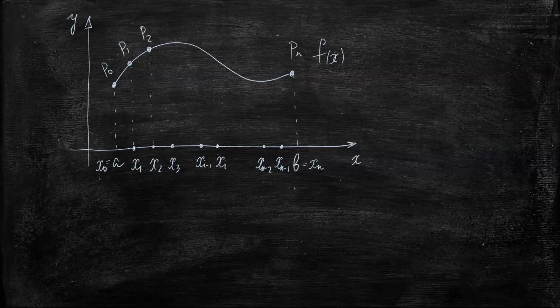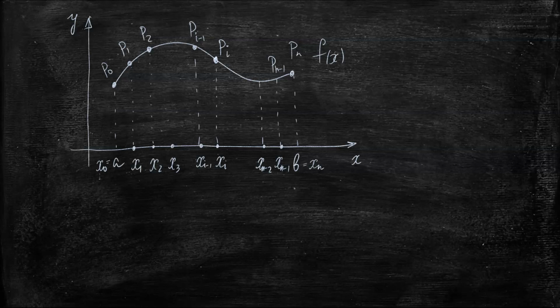The last one would be Pn, Pn minus 1, Pn minus 2, and these two will be Pi minus 1 and Pi.